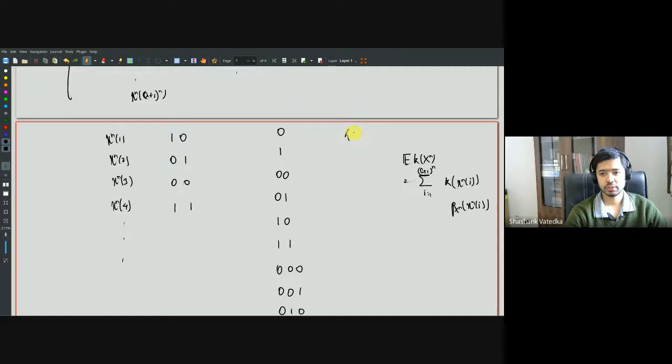So this is just empty, and then for xn of 2 I'm going to assign 0, for xn of 3 I'm going to assign 1, and then for xn of 4 I'm going to assign 00, 01, 10, 11, and so on. It's just that one tiny modification that I'm going to make, and we'll see why.